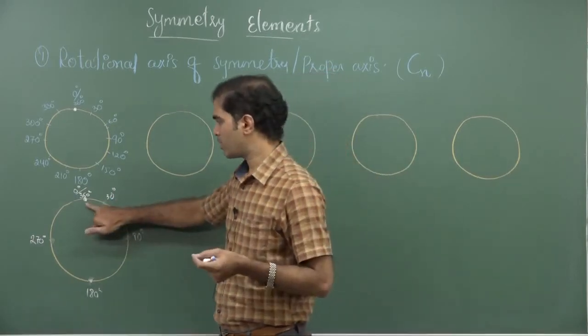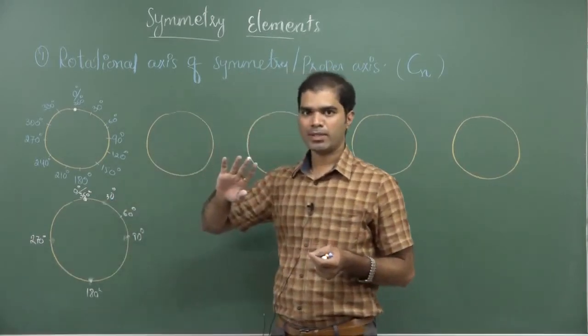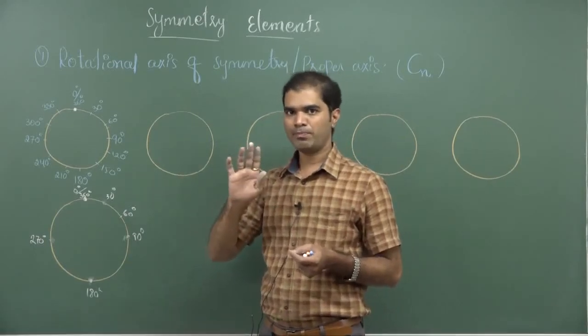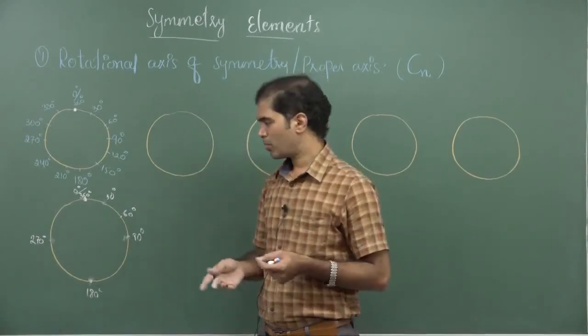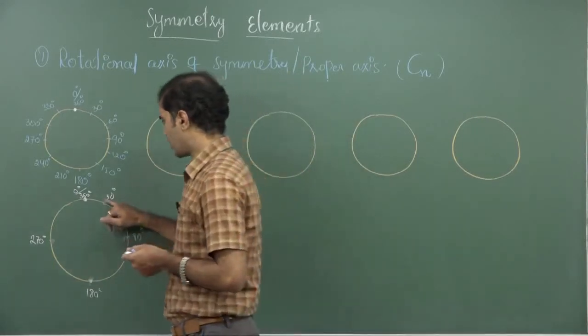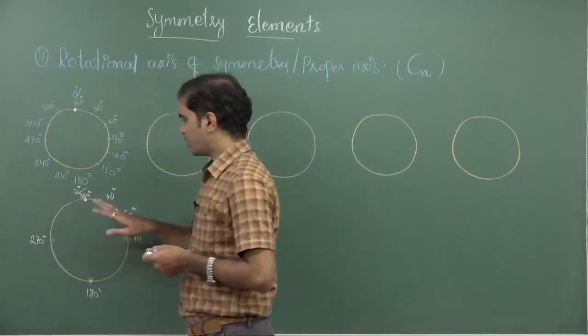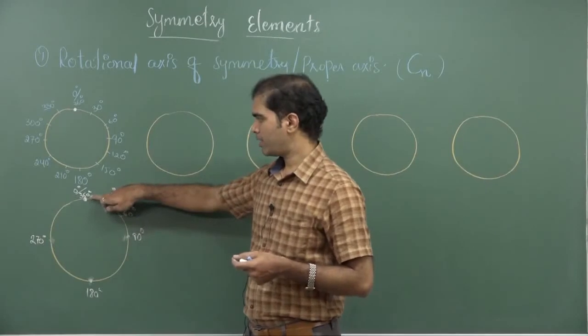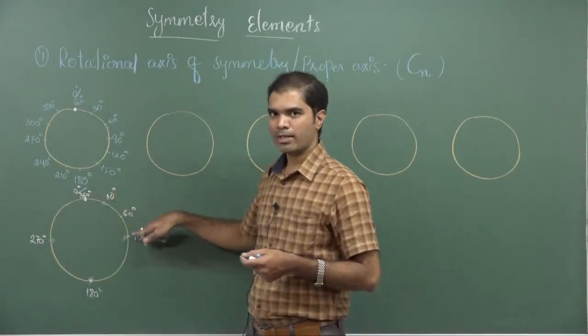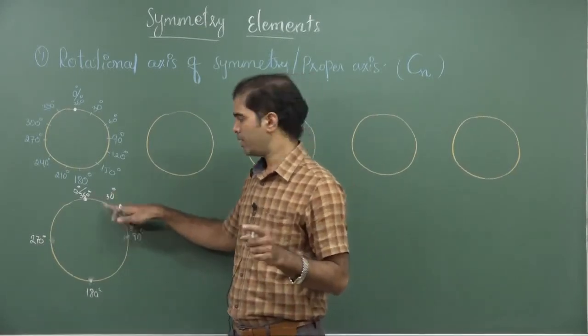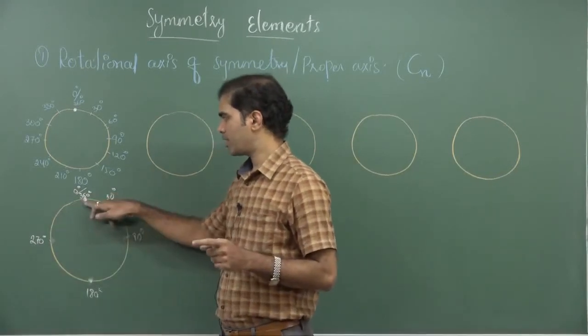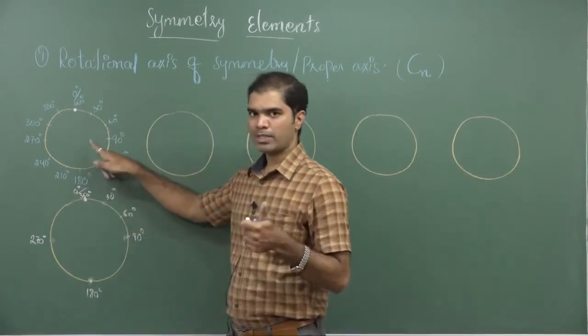Some asymmetric molecules will have only C1. They may have C2, but you call them dissymmetric molecules. That we will discuss in optical activity. But the conclusion is, as I rotate that particular point to any other angle, you are not getting any equivalent configuration. So I am rotating it by 360 degree. This is a stereograph for C1.